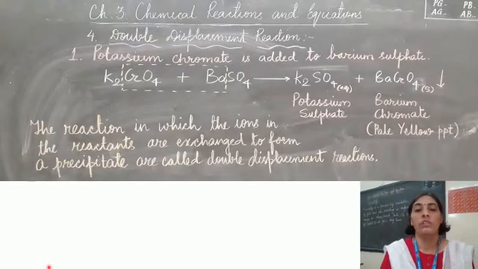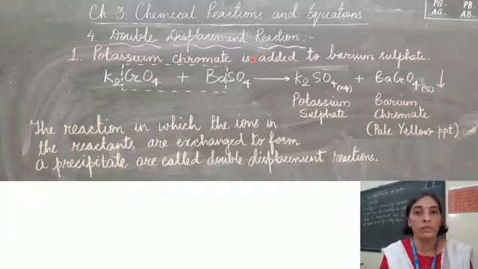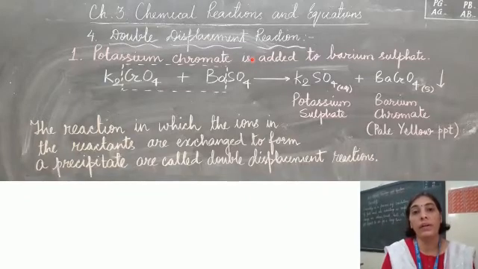Okay, children, we now come to the last type of chemical reaction, that is the double displacement reaction. Now, how is this reaction different from the displacement reaction? In the displacement reaction that we studied, we saw that only one ion was getting displaced. But here there will be displacement of two ions.